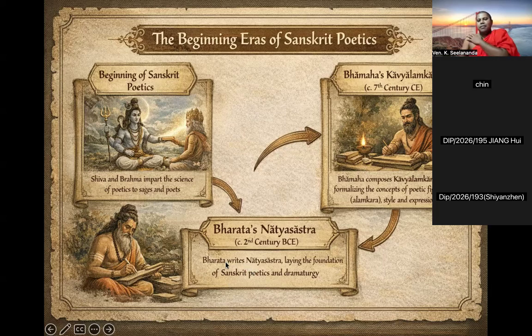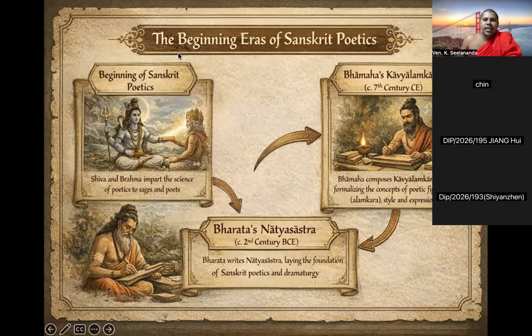His main purpose in writing Natya Shastra is not to describe Sanskrit poetics, but to describe Sanskrit drama. When he described Sanskrit drama or dramaturgy, he explained some components of the Sanskrit poetics.